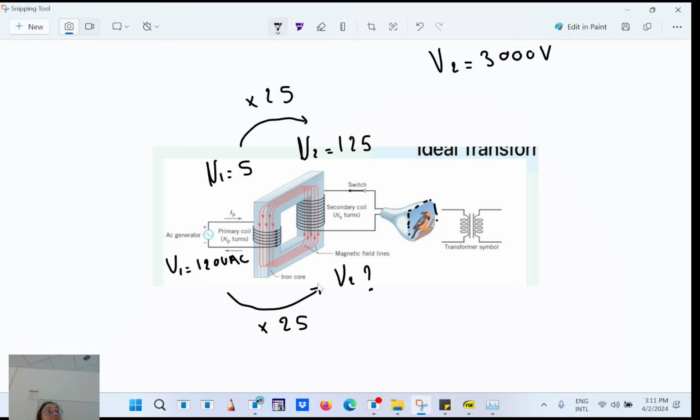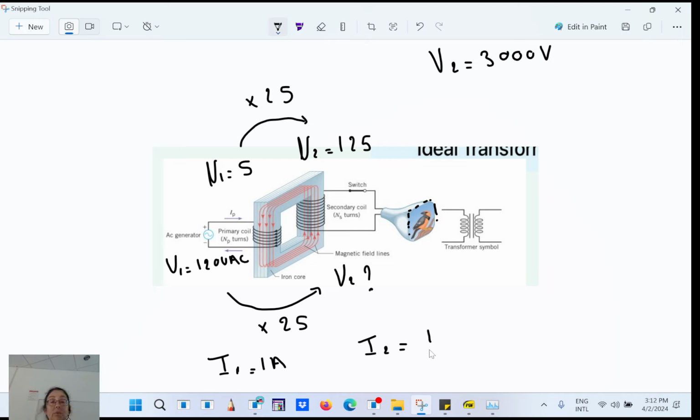What about the current? What did I say about the current? So if the current here is 1 amp in this circuit, how much is going to be the current here? So you multiply by 25 or you divide by 25? Because you don't have a free lunch, you cannot increase both the voltage and the current.